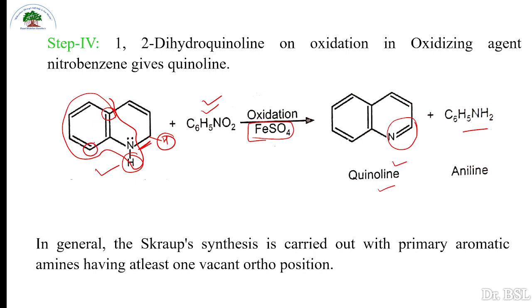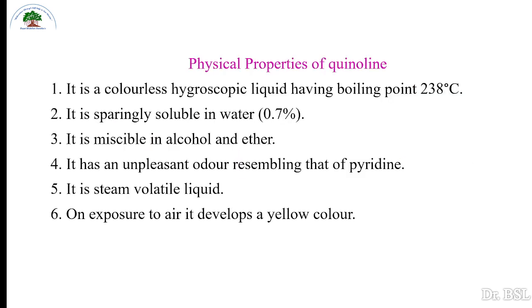These are the two ortho positions, and at least one ortho position must have hydrogen, or they must be vacant. If they are blocked by another ring fusion, then Skraup synthesis is not possible in that case. So this is the synthetic method popularly known as Skraup synthesis.